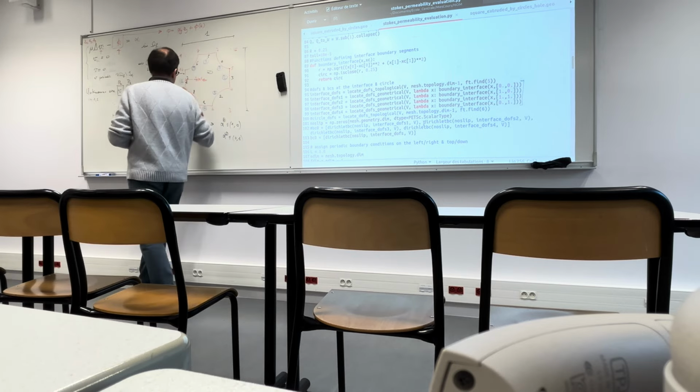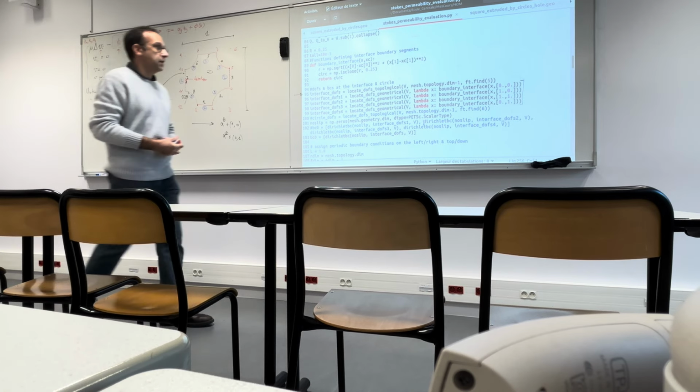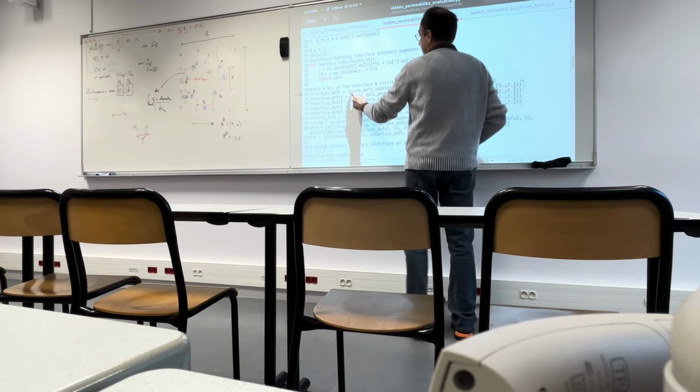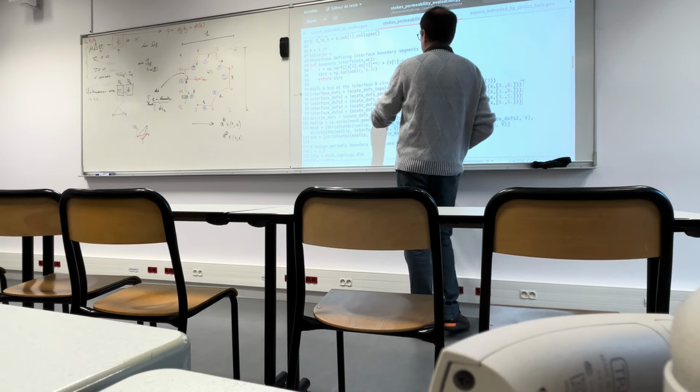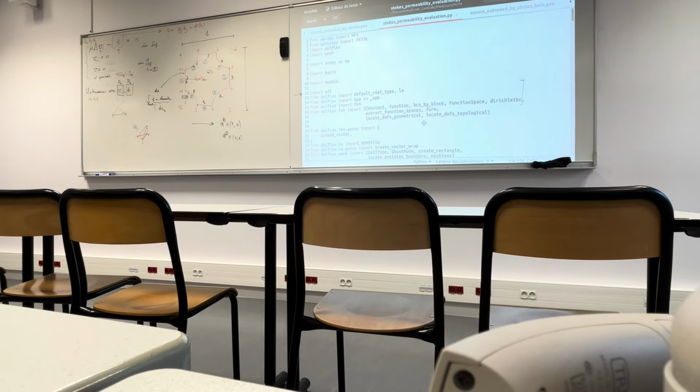So one way to do that is line 95, which exploits just the label that we introduced in GMSH. Because you see here you are using this instruction, locate DOF topological, which has been imported at the beginning. Locate DOF topological, and later we are going to use locate DOF geometrical.